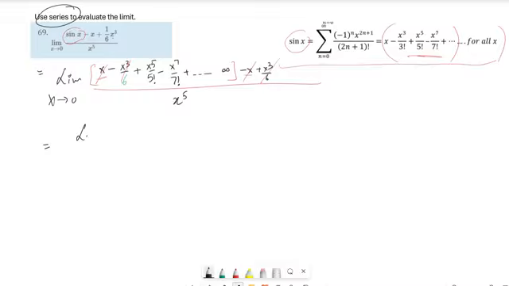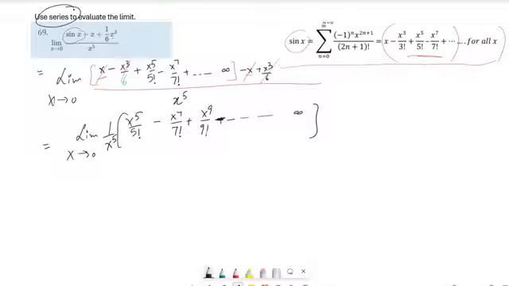So what we have actually is limit x approaches to 0, x5 by 5 factorial minus x7 by 7 factorial plus x9 by 9 factorial plus so on minus so on until infinity. And we need to divide all these terms by x power 5.